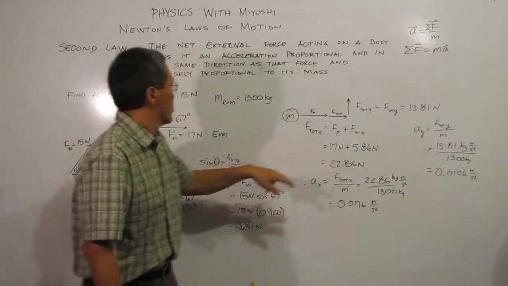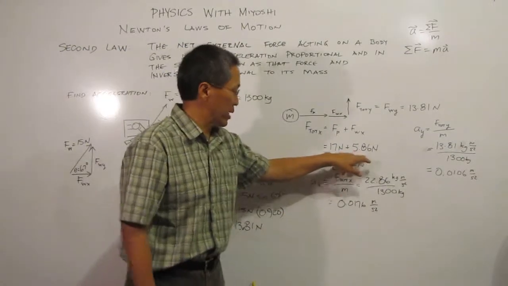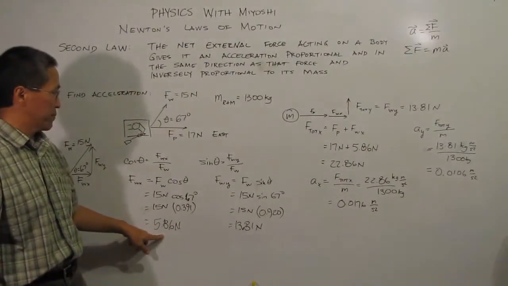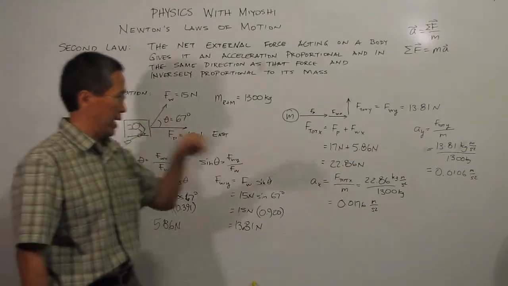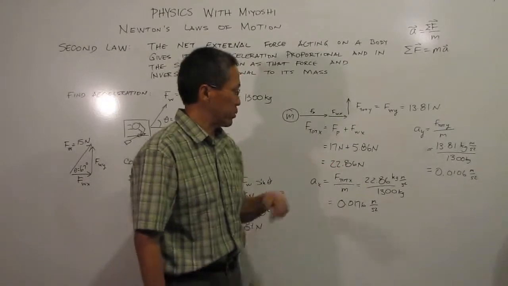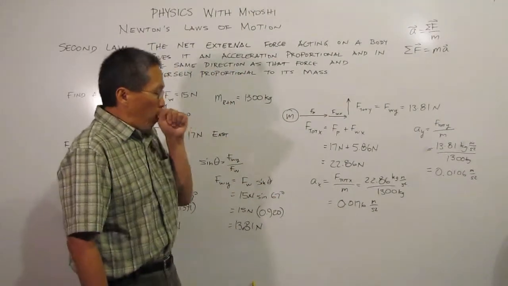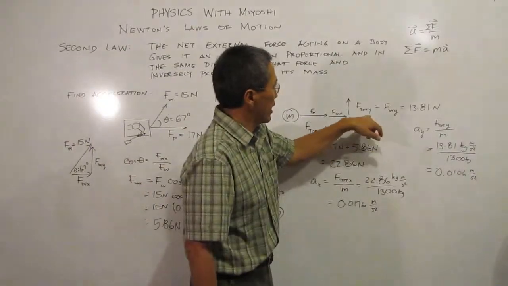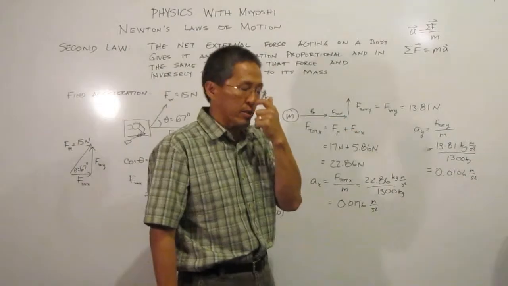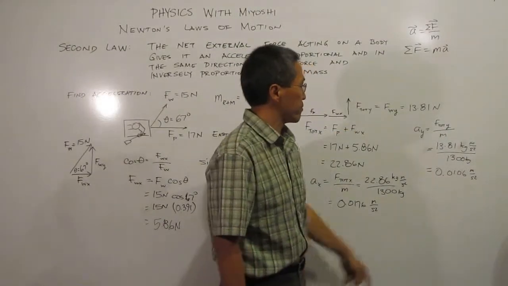My paddling force again from back here was 17 newtons. I add it to the x component of my wind, and I'll get 17 plus 5.86 newtons. It's going to give me 22.86 newtons in the x direction. In the y direction, there's no other components besides the wind, so I'll just have 13.81 newtons.